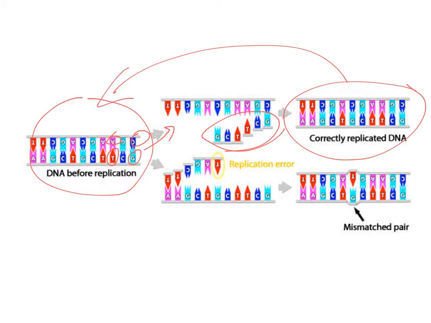However, we can have replication errors, which are called mutations, and mutations occur when we have a mismatching pair. So in this case, we've got the thymine, which is supposed to be matched with the guanine, and in that instance, you won't end up with hydrogen bonding between those two. So the DNA actually doesn't fit nicely together.